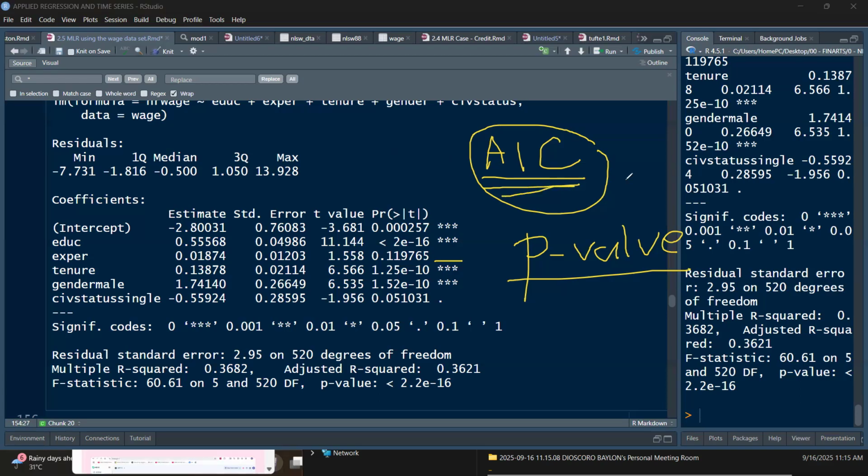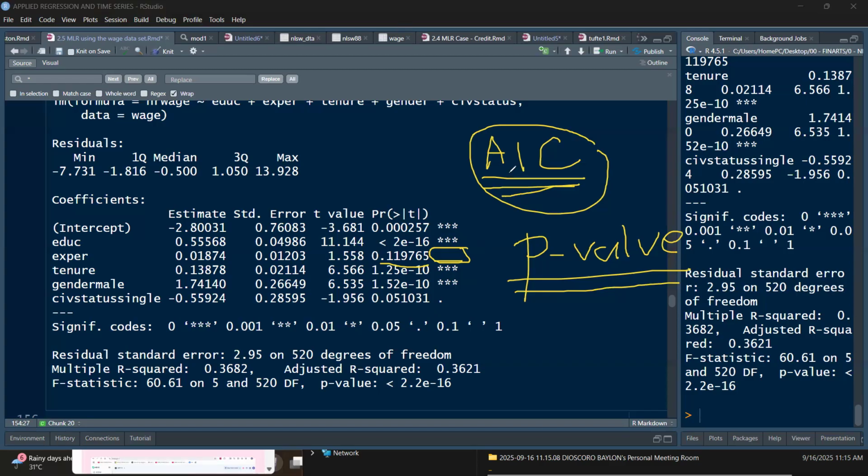What this measures is information loss. So the lower the AIC, the better. So it does not take into consideration the p-value. Even if your variable has a p-value that's greater than 0.05, it still includes that. So that's why in this stepwise regression, our solution is different from the p-value method we used a while ago.